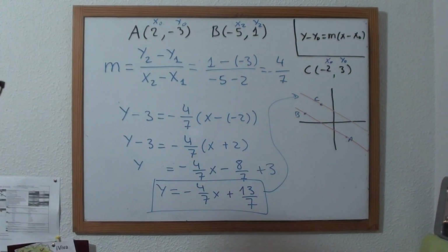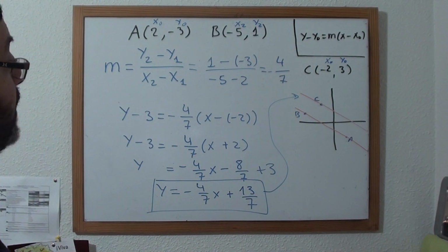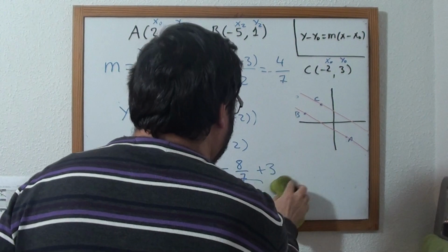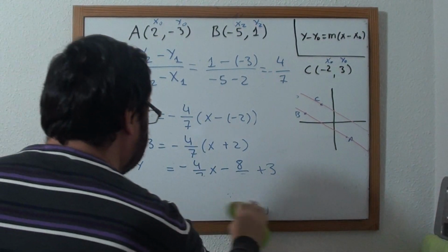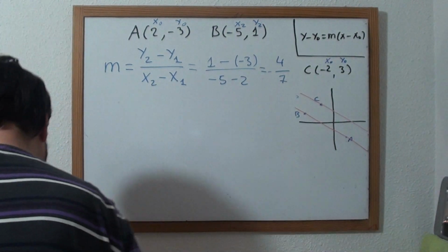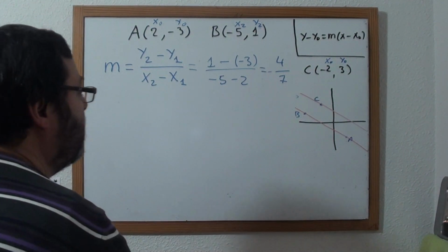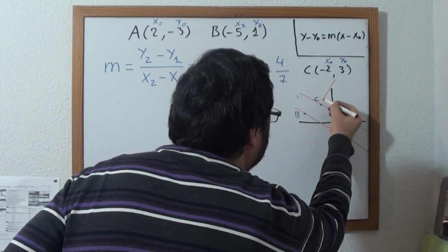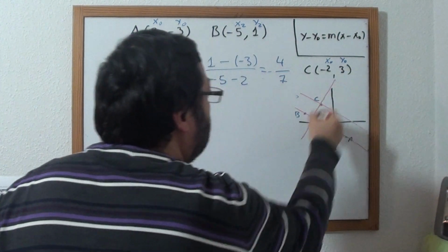Okay? And now we are going to find the equation of the perpendicular line. A line perpendicular to the first one and going through C. We are going to find the equation of this line.